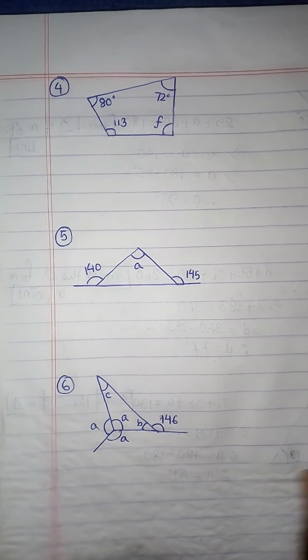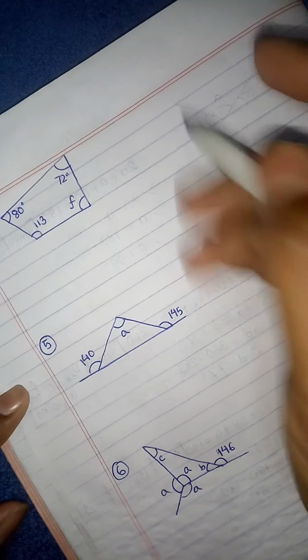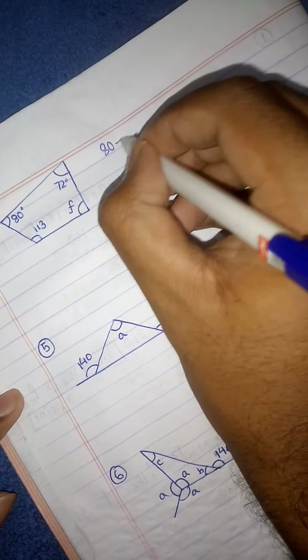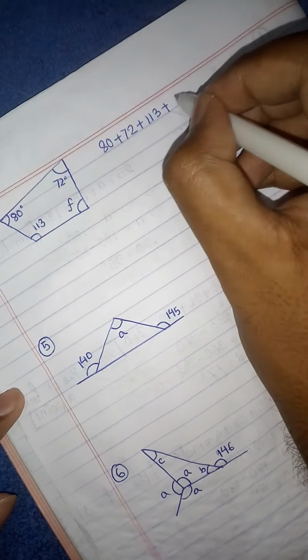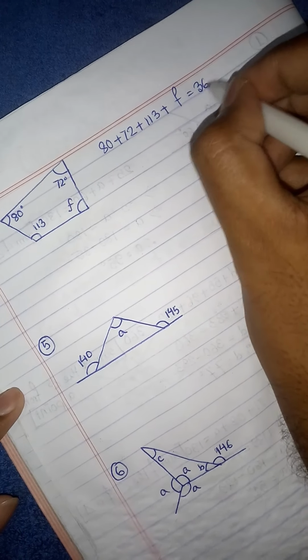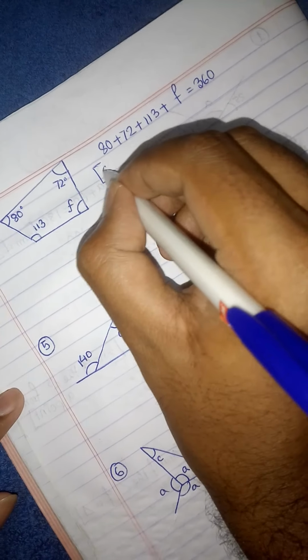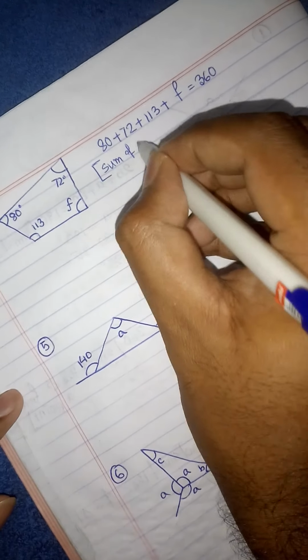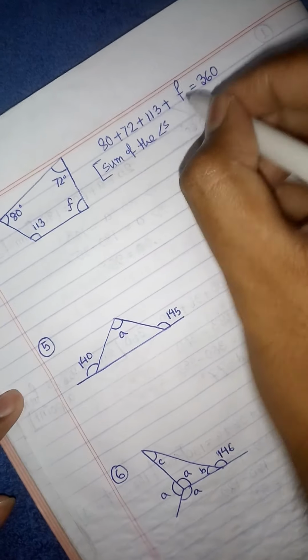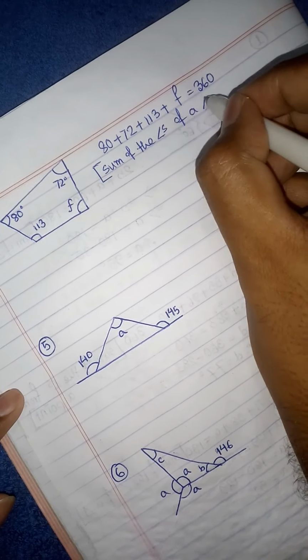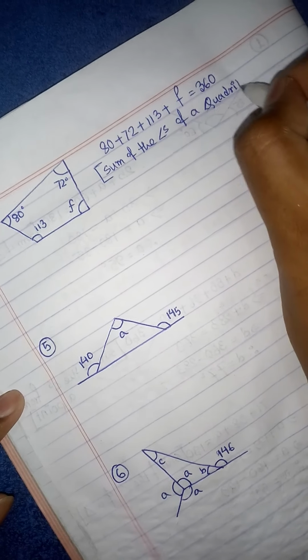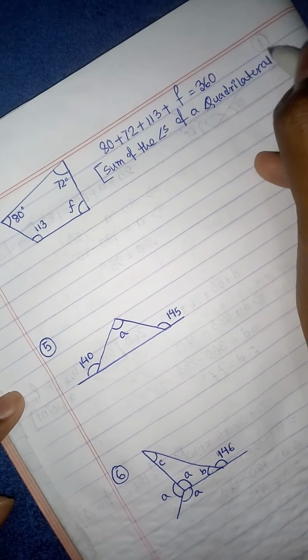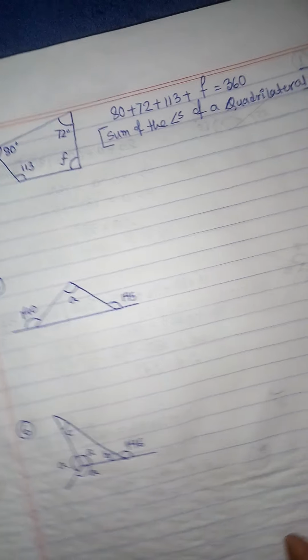So we can write the formula like this: 80 plus 72 plus 113 plus f equal to 360. So the law is the sum of the angles of a quadrilateral.